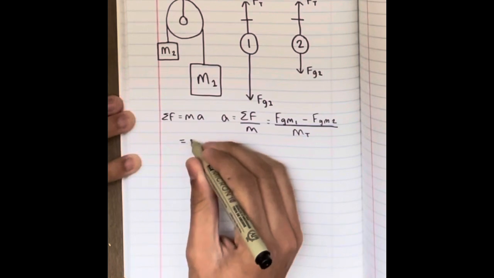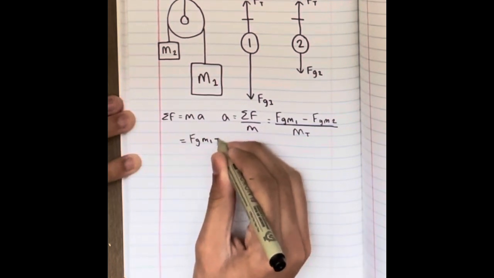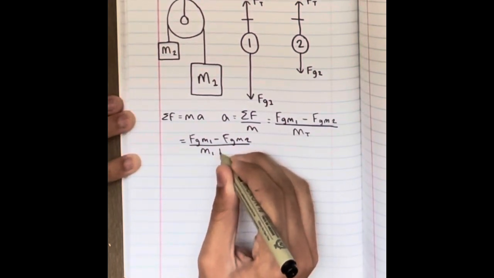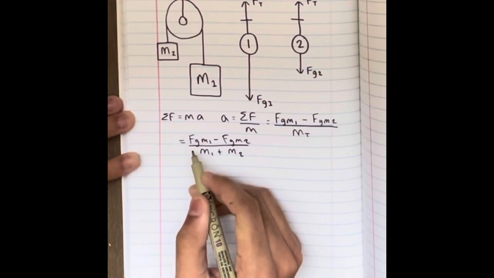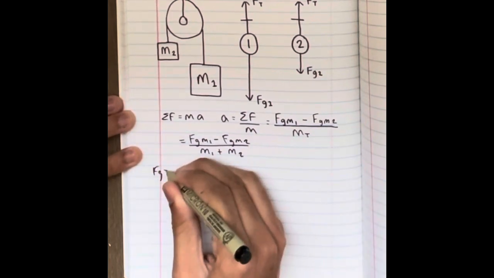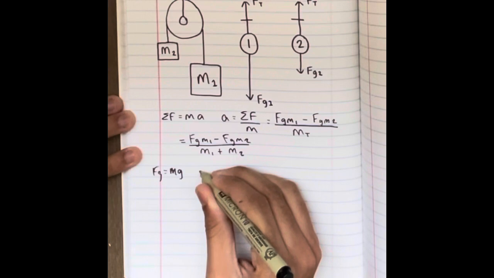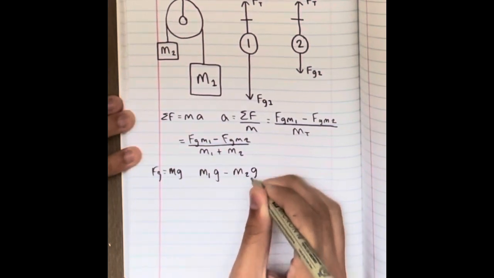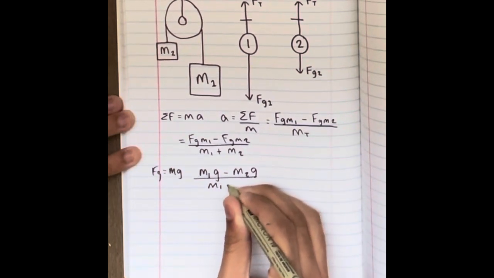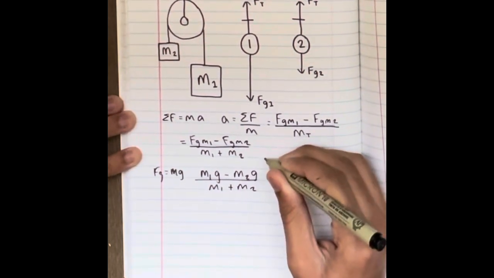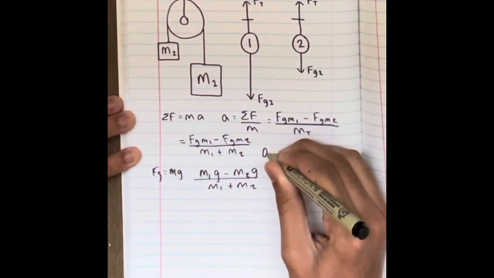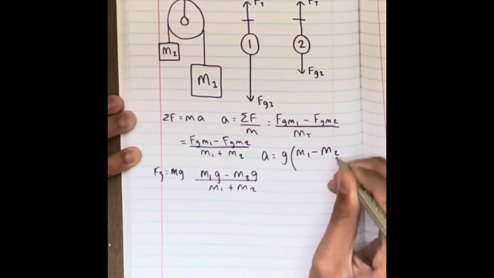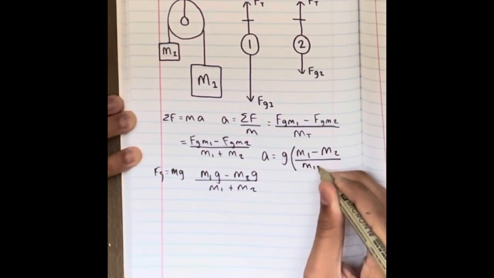So then we're going to get Fg m1 minus Fg m2 divided by m1 plus m2. And obviously we know that Fg is equal to mg, so we can turn it into m1g minus m2g divided by m1 plus m2. And we can simplify it further. So in all, we get acceleration equals g times (m1 minus m2) divided by (m1 plus m2).